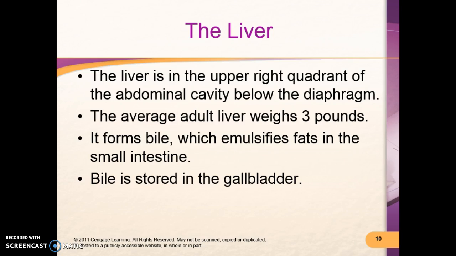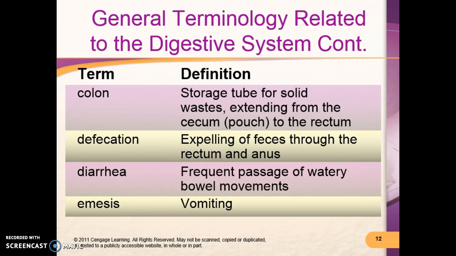You'll see several charts in this presentation that deal with some of the general terminology related to the digestive system. Just going to throw out a few of them. One of them that you may not be familiar with is emesis. Emesis is another name for vomiting. So you might see that on a chart in a hospital setting.